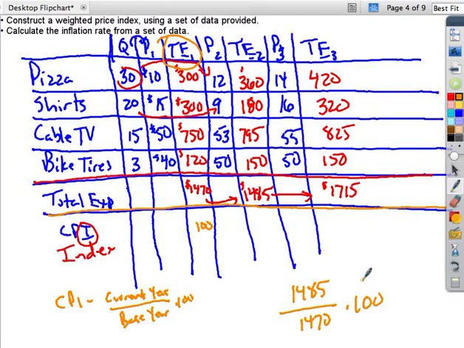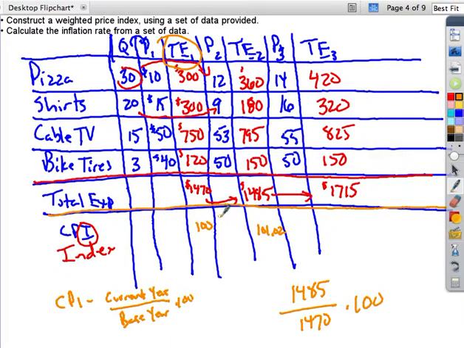So if we do that math out, I'm doing it on a calculator here, that's 101.02. All right, and so we can say that inflation has gone up, and here's one of the nice things with using an index. For one, you don't have to worry about all these huge numbers, but also if you're comparing a year back to the base year, all you need to do is subtract these two, and so now we can say that inflation's gone up 1.02% since the base year.